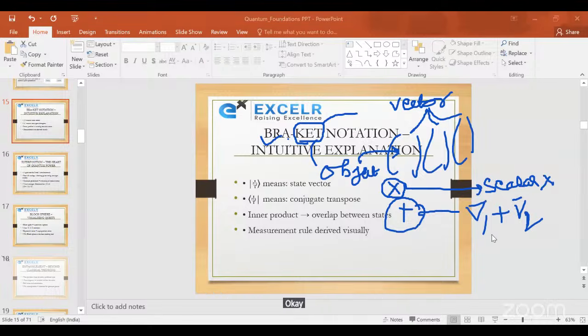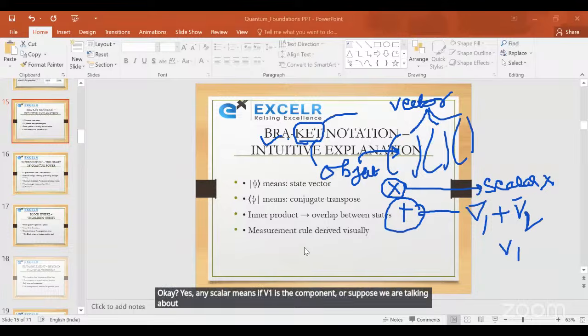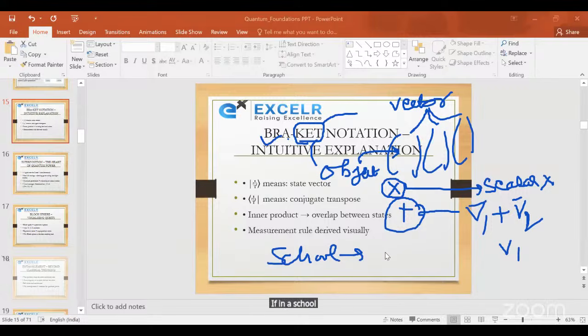Any scalar means, if v1 is the component, or suppose we are talking about a school, and in the school there is one component which is called a book, then it must be multiplicative.